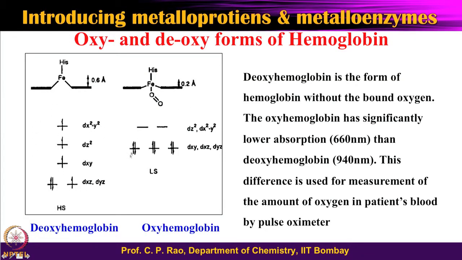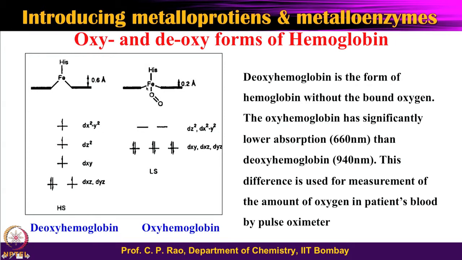Of course, in both cases, iron 2 is a d6 system, and you can see that you have a high spin system. On the other hand, once you make the oxygen ligand, then you form the low spin complex, and because of that, iron is able to come and sit in this.